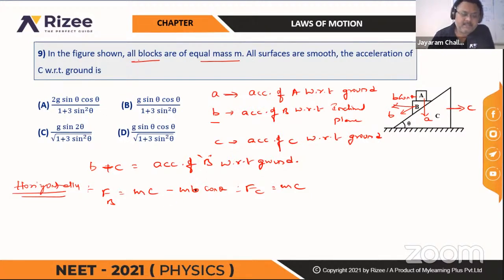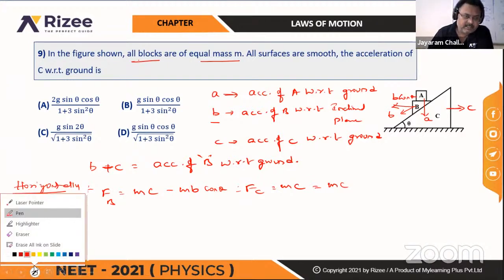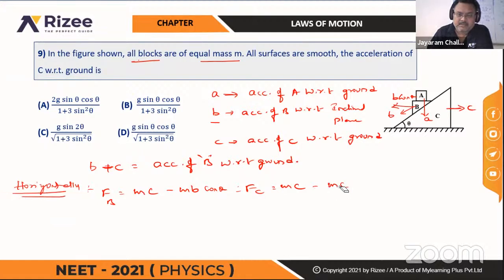If I add these two things, the force on B and the force on C, horizontally both should give net force equal to 0.